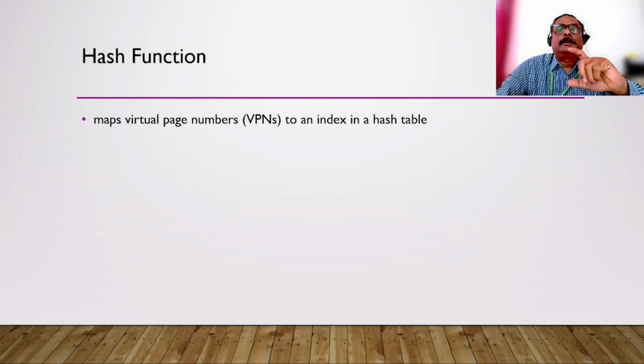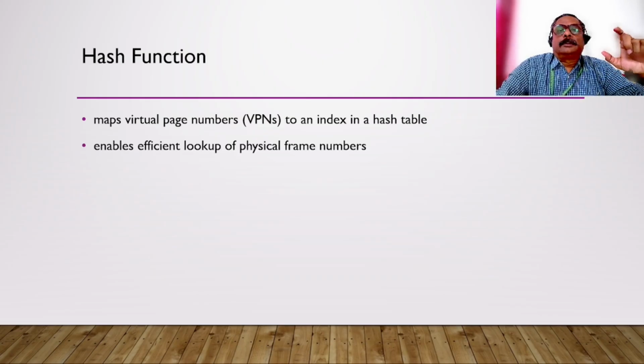We have a small hash table of limited size, and the virtual page numbers are directly mapped to the index of the hash table. The advantage of working with the hash table is efficient lookup of physical frame numbers.